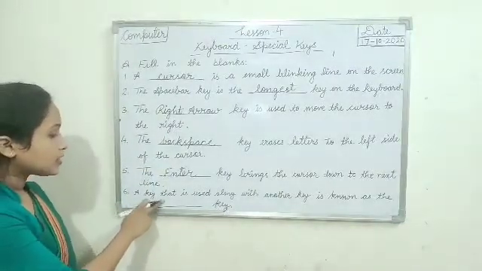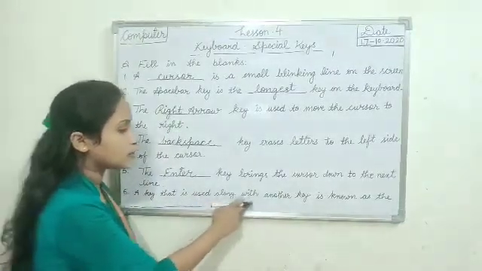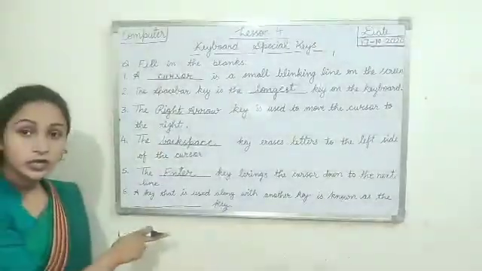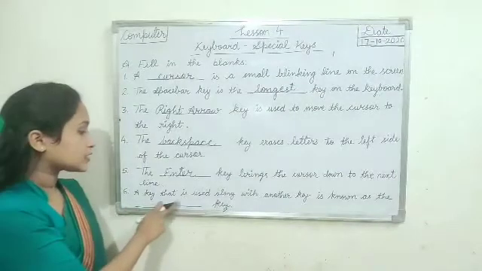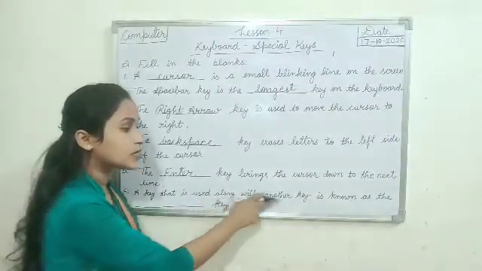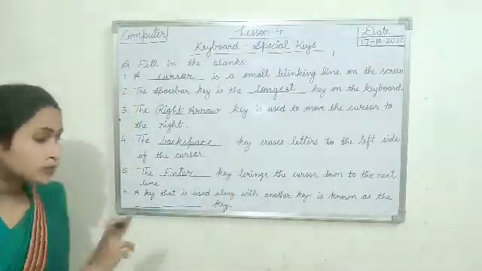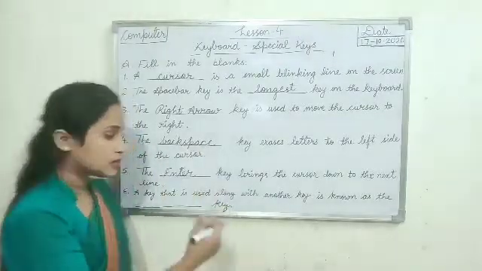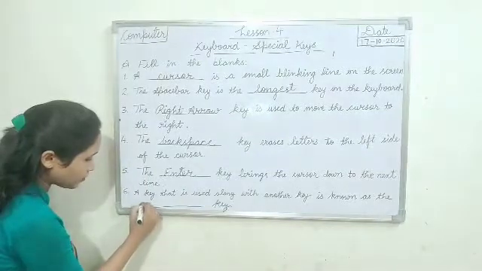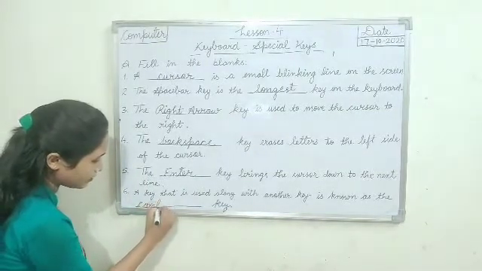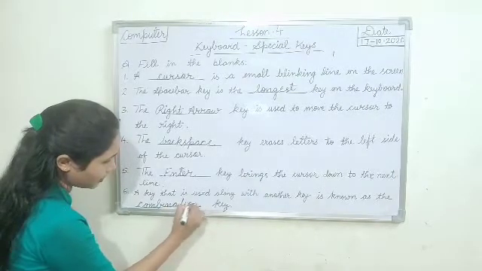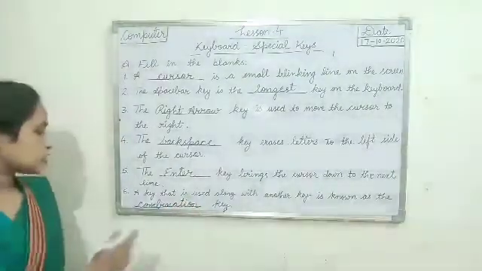Next, a key that is used along with another key is known as which key? Combination key. A dash key that is used along with another key is known as the combination key. Spelling of combination: C-O-M-B-I-N-A-T-I-O-N, combination.